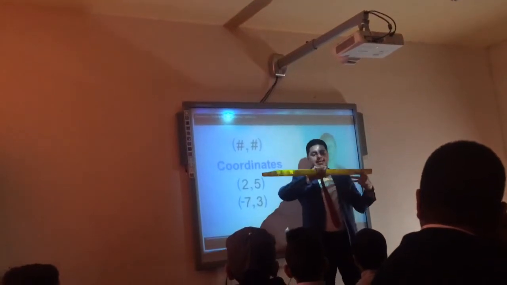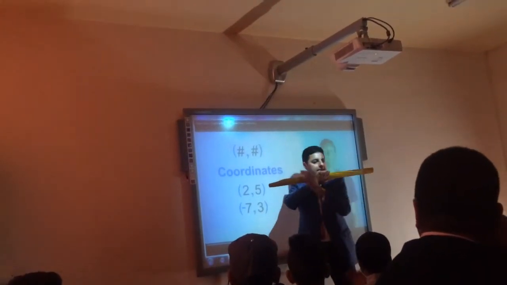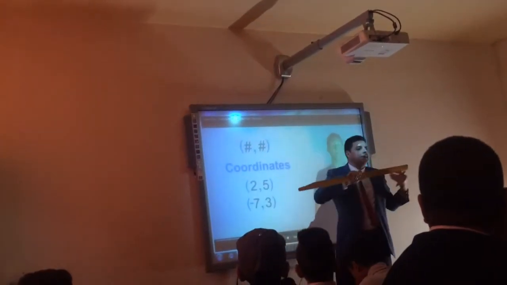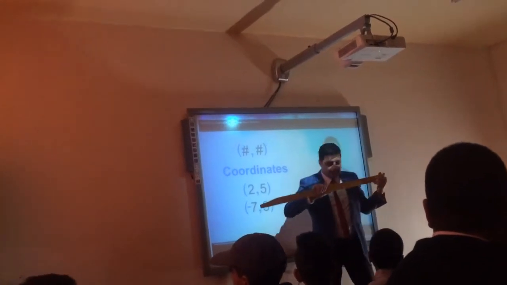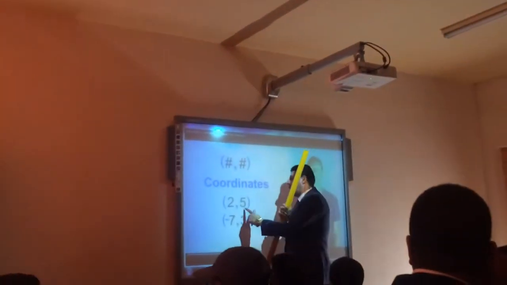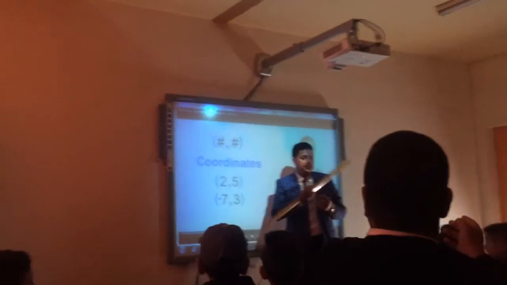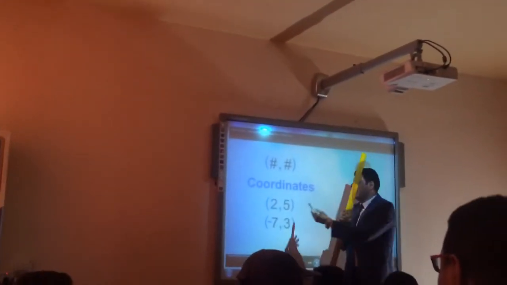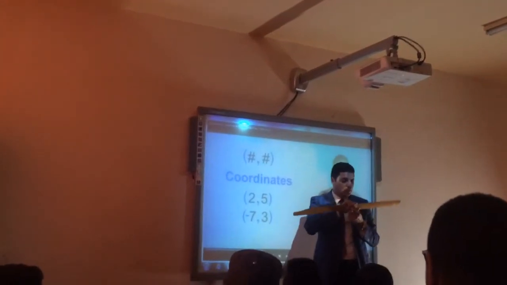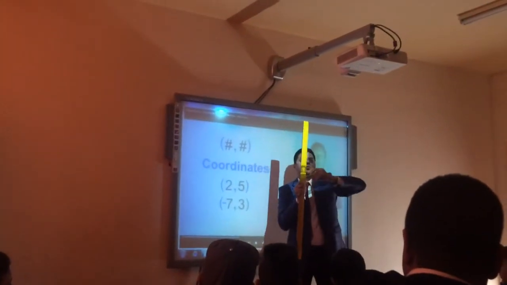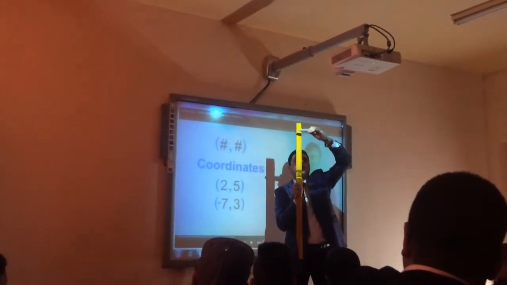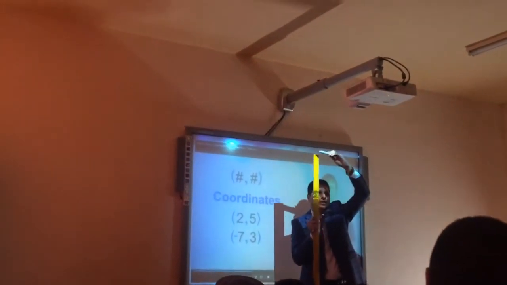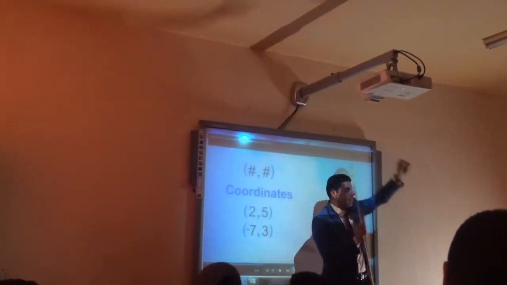And on the x-axis, positive is at the right and negative is at the left. The 5 belongs to the y-axis: 1, 2, 3, 4, 5, because it's positive 5. Okay?